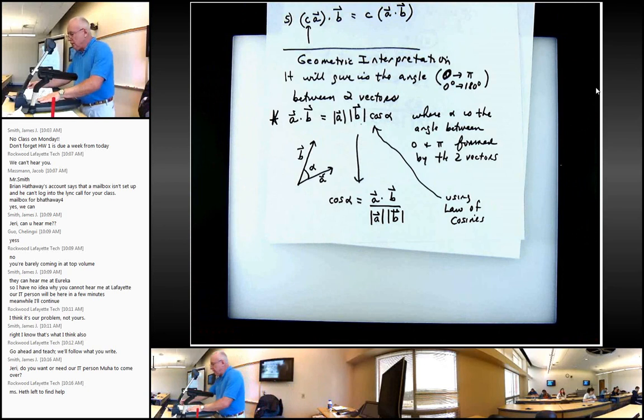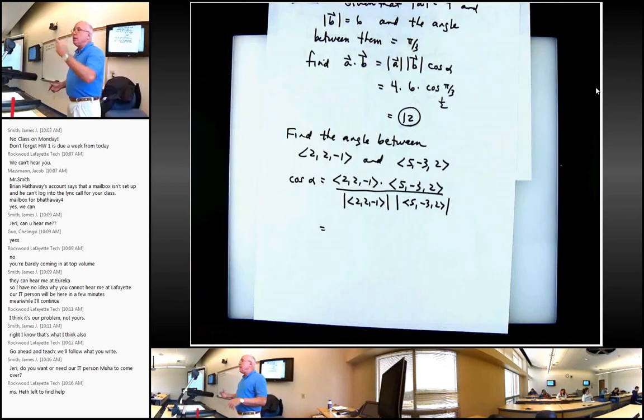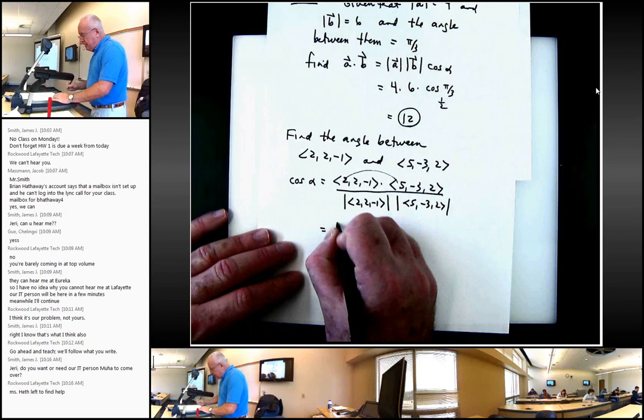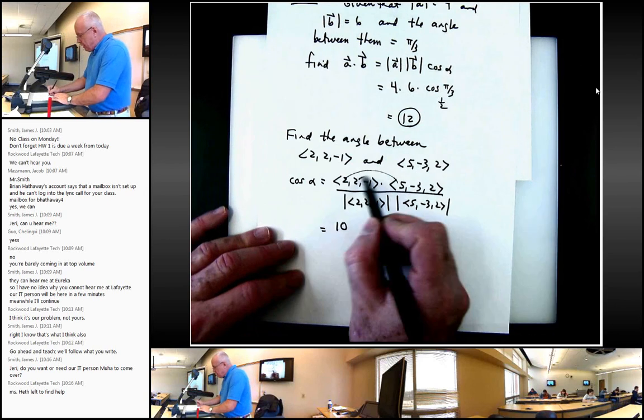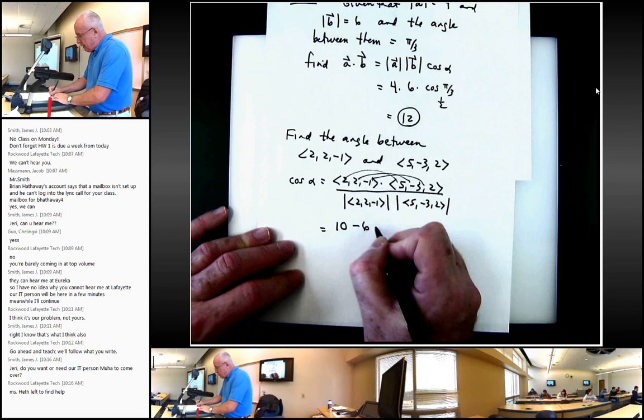All right. So we can just figure this out and get the cosine, and then by taking the inverse cosine, we can find the angle. So let's get the dot product. That's going to be 2 times 5, that's 10. 2 times minus 3 is minus 6. 2 times minus 1 is minus 2.